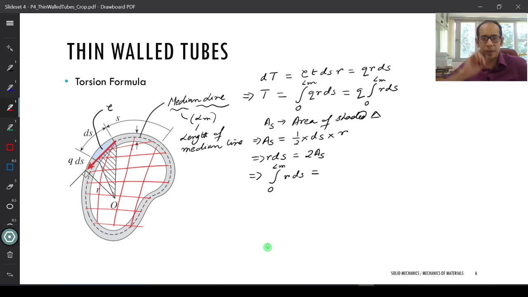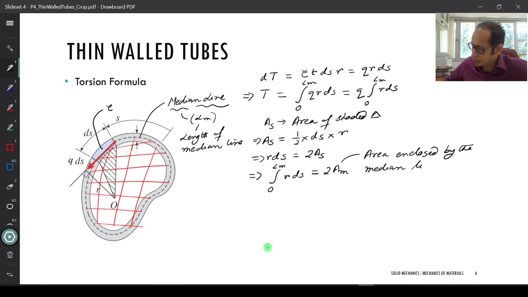This entire area is going to be that one, right? So here it is going to be 2 times the area Am, where Am is the area enclosed by the median line.